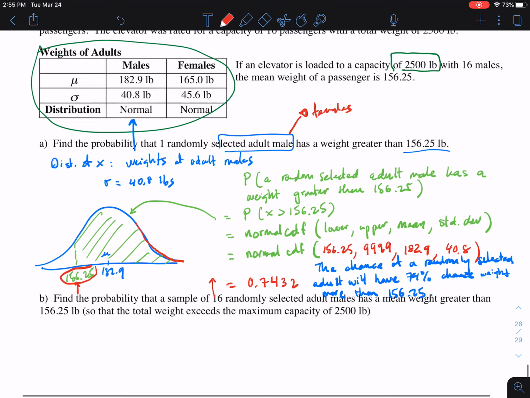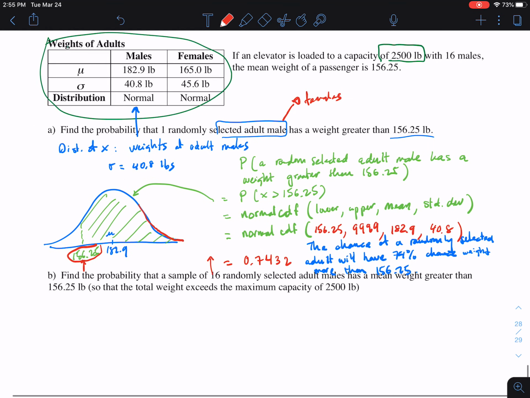So that's part A. Now in part B, this is where things get kind of weird and confusing. It's all in the wording, actually.